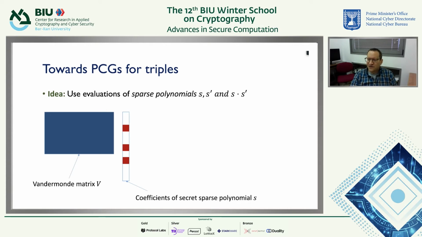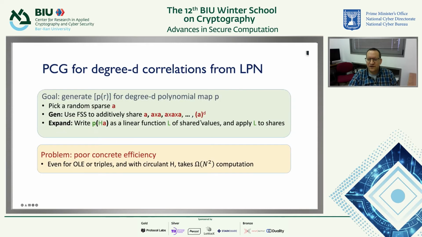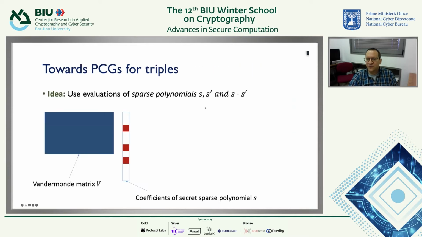We can again do it in a compressed way using function secret sharing. So we take two sparse polynomials, S and S prime. The evaluations of each polynomial correspond, say, to the AI and BI in the triples. In the triples, we want to have many shared AIs, many shared BIs, and then the products of the AIs and BIs. So let's compress all these AIs using a sparse polynomial S. Let's compress all the BIs using a single sparse polynomial S prime.